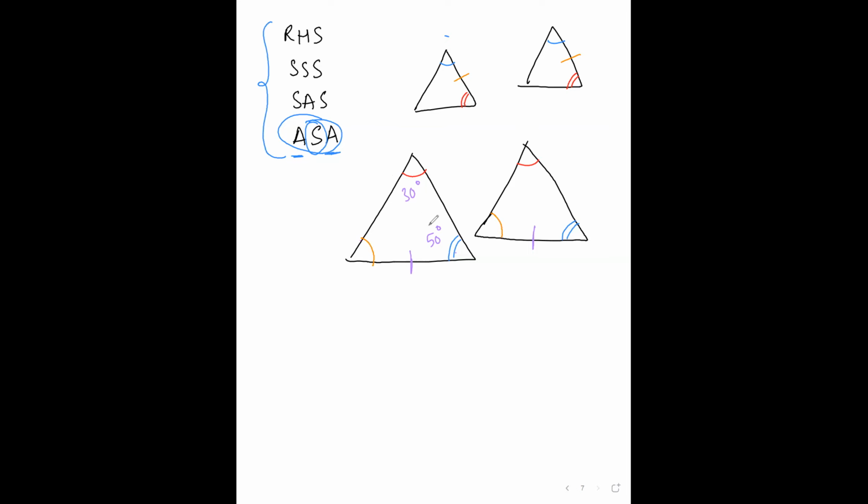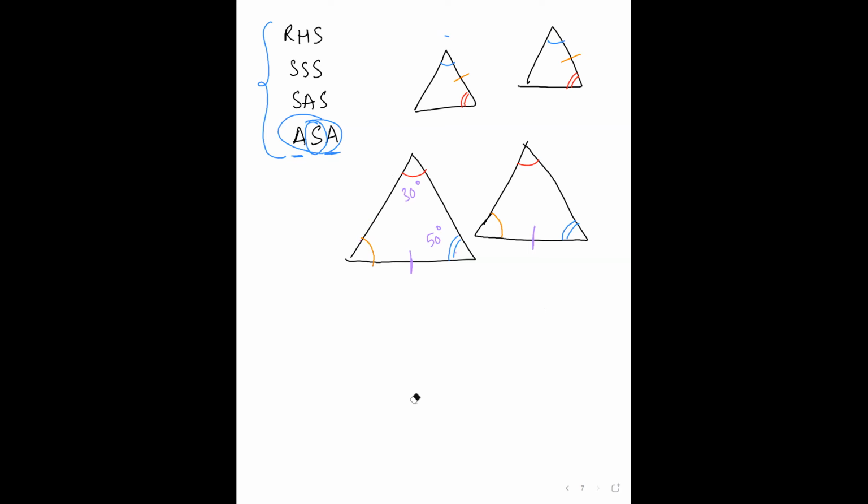Hiba, 50 plus 30 is how much? 80. So overall, this should be 180. So 80 plus what will give you 180? 80 plus 100. Very good.